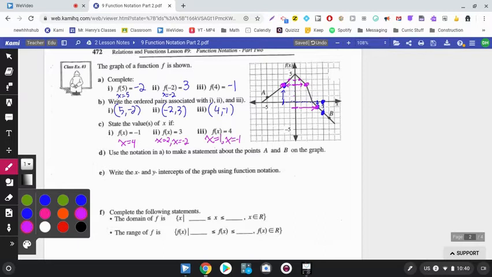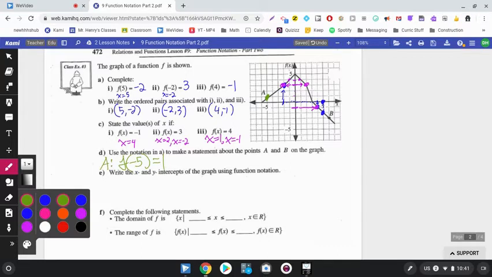It says use the notation in A to make a statement about the points A and B on the graph. Okay, well, let's go and actually look at those. A, it's the green point. It is an input of -5, or an x value of -5, and it's up 1. So what I'd say is for the input of -5, f of -5 equals 1.